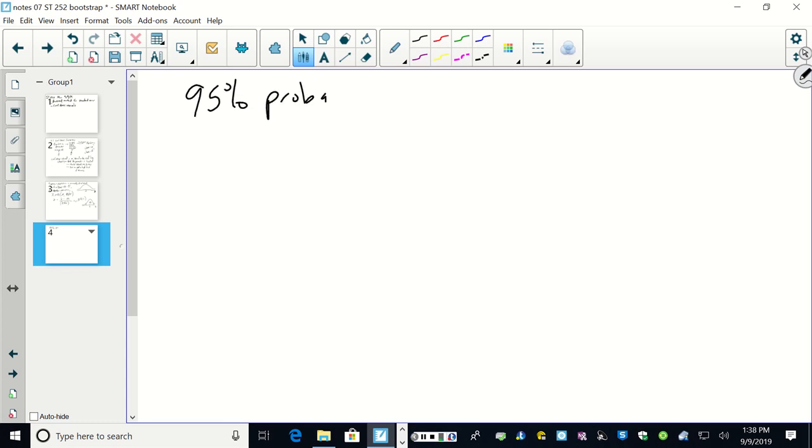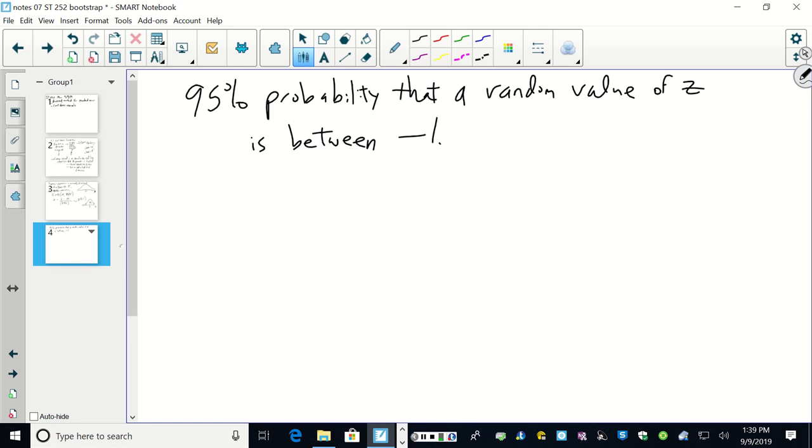In particular, we can say that there's a 95% probability that a random value of z is between negative 1.96 and positive 1.96.